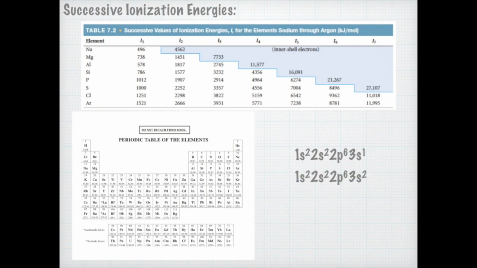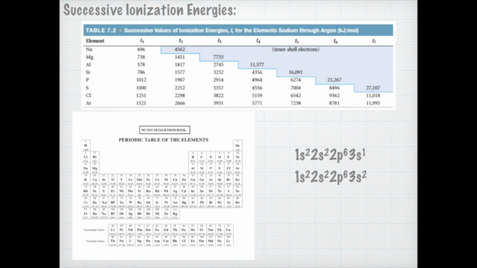Now, just to make sure we're clear on this, if you look at magnesium, notice the first ionization energy and the second ionization energy: there isn't a huge difference, there isn't a big leap. But going from the second to the third ionization energy, there is a big leap. That's because the first two electrons removed are from the outer shell, and therefore they're not experiencing as much attraction. They're farther away from the nucleus. They're fine.